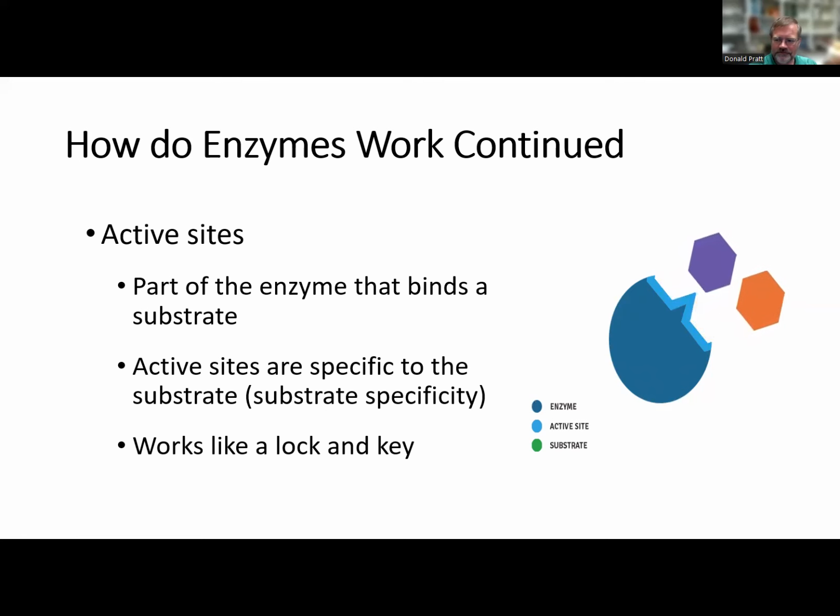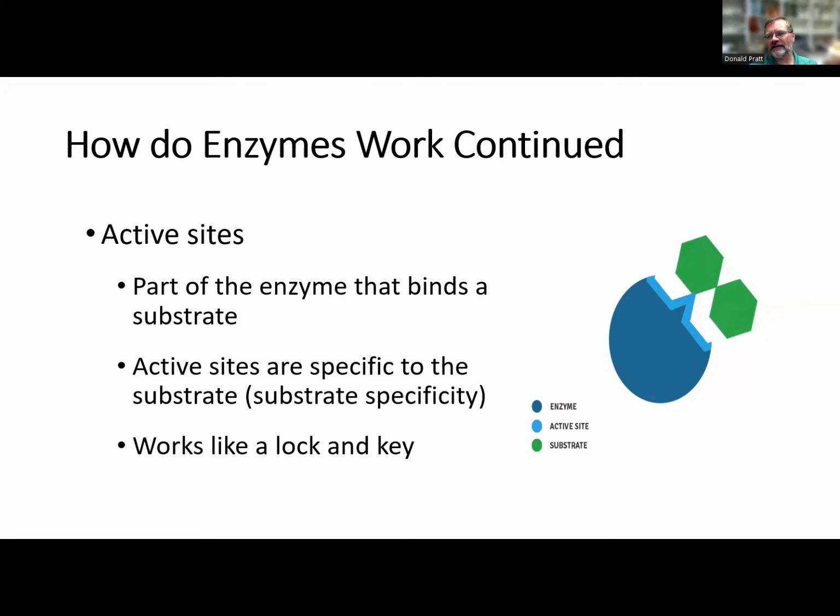So for instance, if you have an active site for sucrose, a disaccharide, it won't fit lactose, which is another disaccharide. So they are going to be very specific to the chemical that is the substrate.